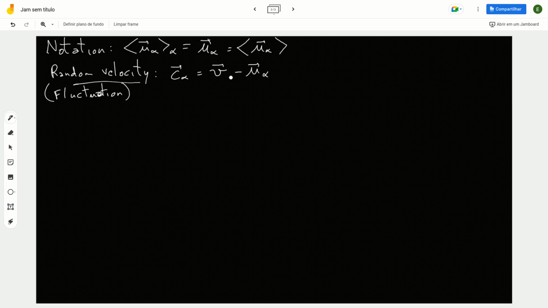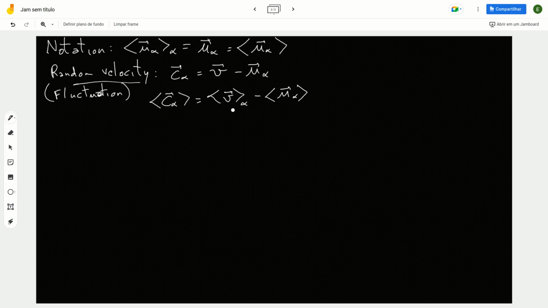So it's just the velocity minus the average of the alpha particles. If you compute the average of the fluctuation velocity, you will have the average of v minus the average of u. Here I have used v, the alpha index, but here I'm not going to use the alpha because it's already obvious that I'm computing the alpha index, so I don't have to use it here.